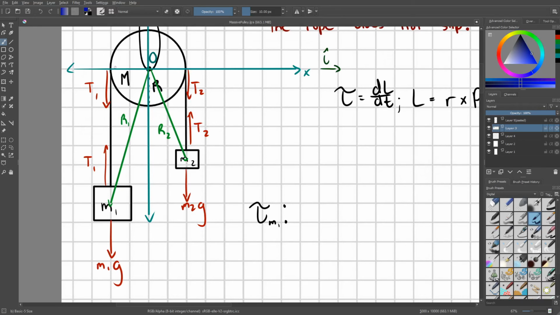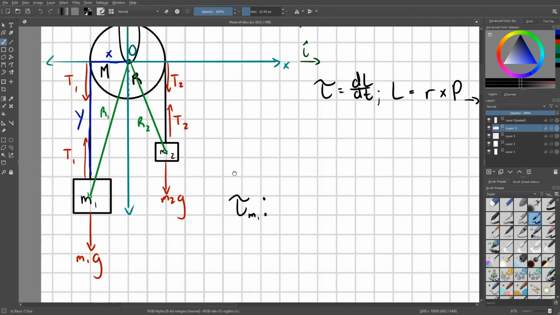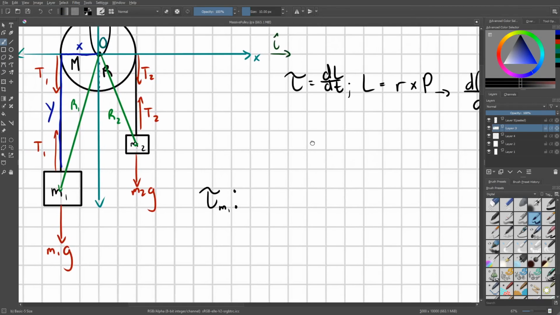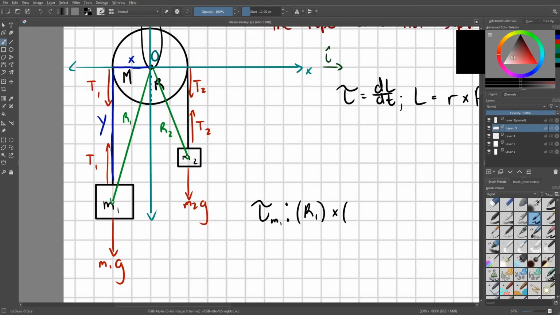So we can always break up r1 into component vectors. So I'm going to do that. So this will be one vector that I'm going to call x, and I'm going to call this y. Okay. So I'm going to start by just writing down our torque in terms of fundamental definitions, which would be r1 cross, and let's go ahead and make upward positive.